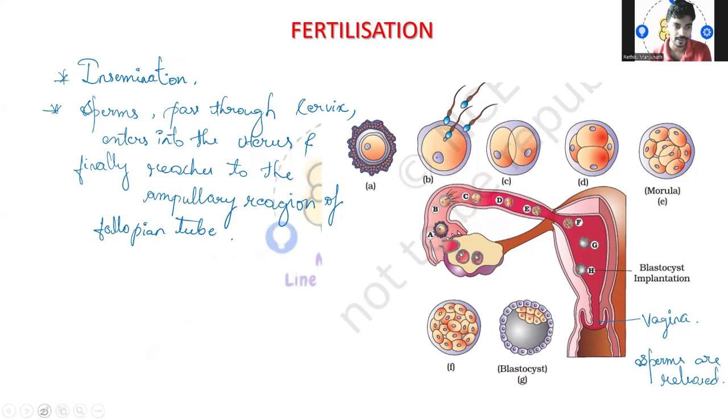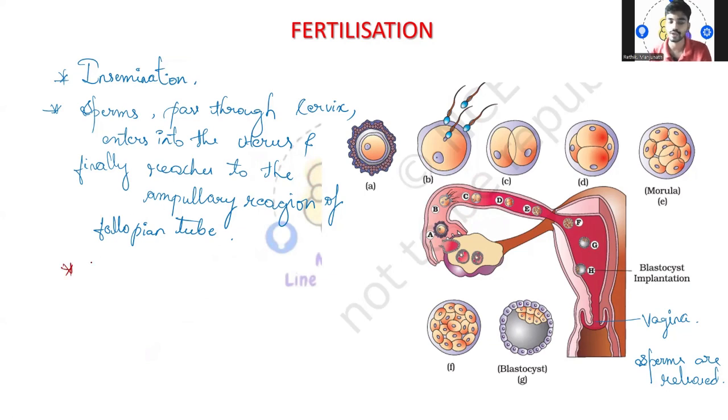What happens when we come to the ovum? Sperm is released and reaches. We just got to know how it moves from the vagina, especially from the cervical canal, to the ampullary region of the fallopian tube. So what about the ovum?